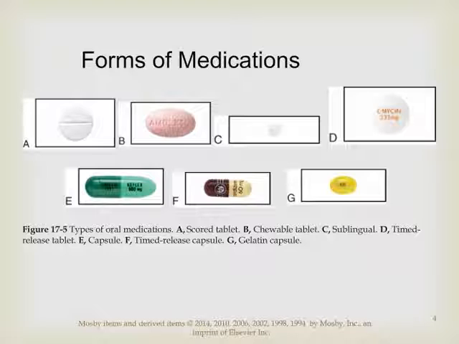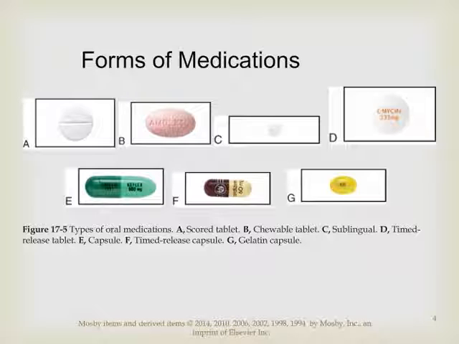The important thing for us to know as nurses is that the tablets that are scored, or ones that have a line running through them, can be cut with a pill cutter. Most tablets are only scored in half, but there are some that are scored in both directions, and in that case you could deliver 1/2 or 1/4 of a tablet.